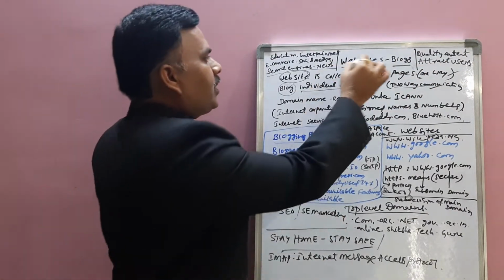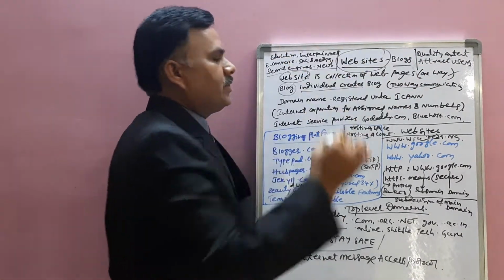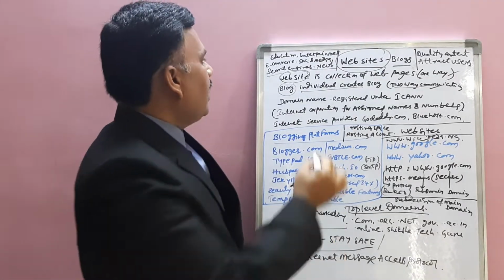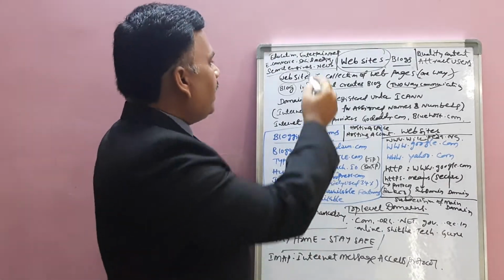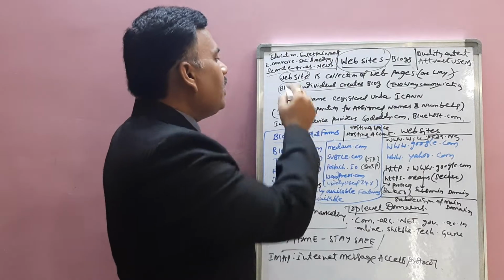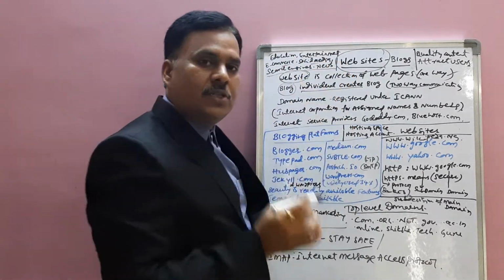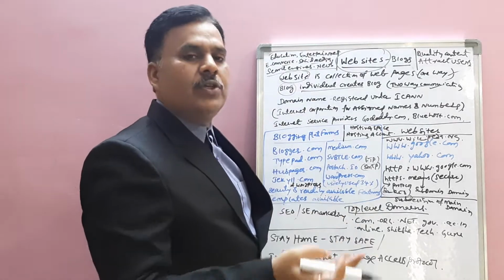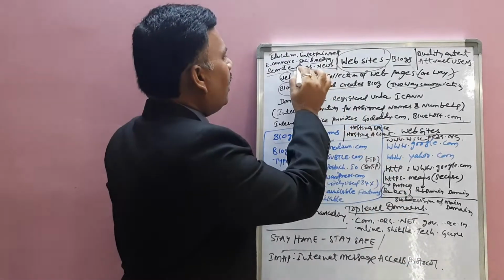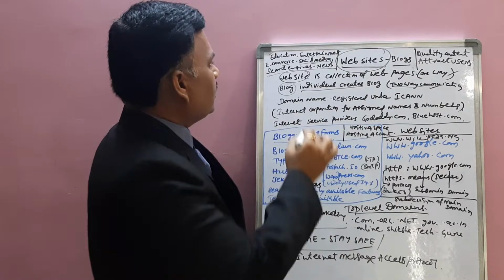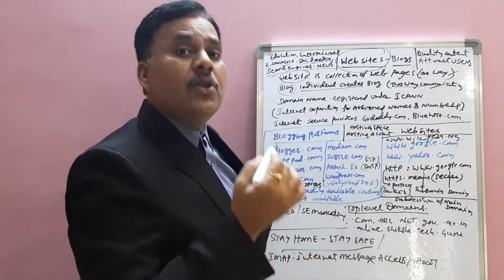Websites are of different types. There are education websites, entertainment websites, e-commerce business websites, social media websites, such as Facebook and many others, search engine websites, and news websites.